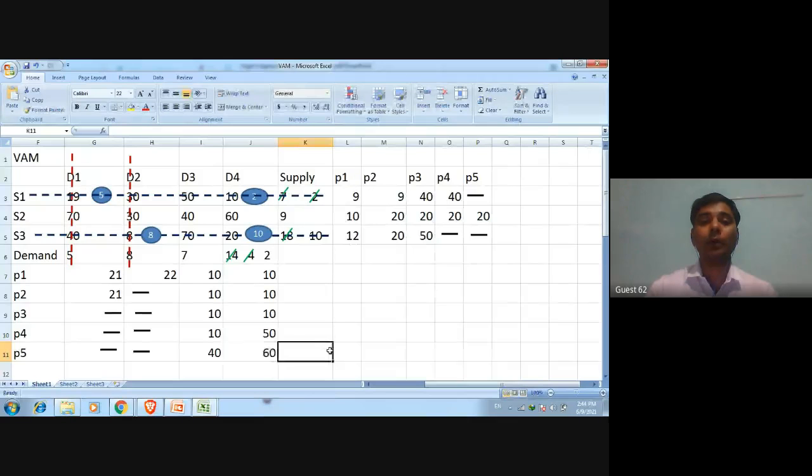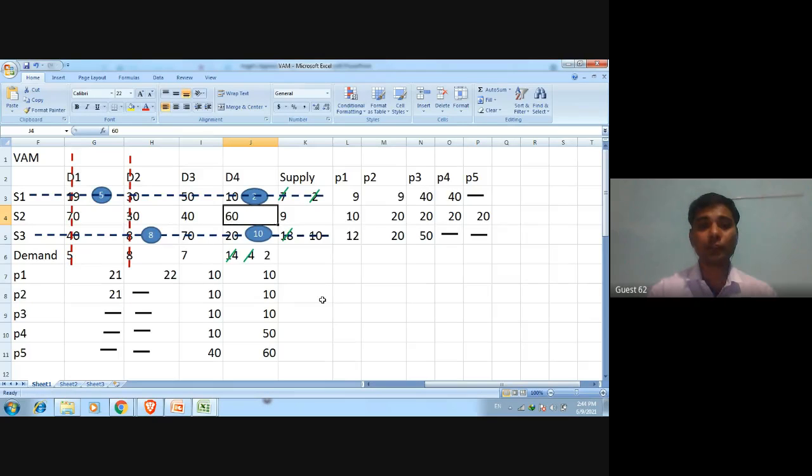Now, again, we will check the maximum penalty in P5. Here the penalty is 20 in row R2, and here the penalties are 40 in D3 and 60 in column D4. So 60 is the maximum penalty. We will select this cell, and in this column there is no other cost except this 60. So we will allocate the minimum between the supply and demand.